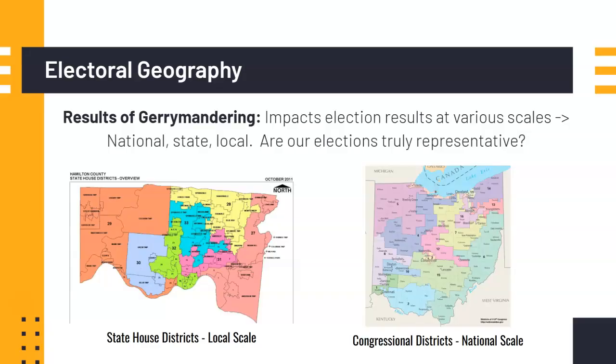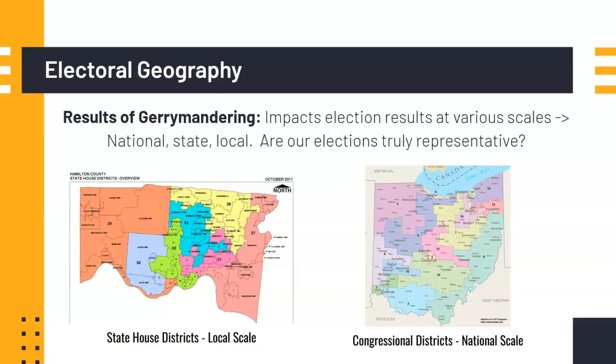At the state level, gerrymandering can influence not just congressional elections, but also state legislative races. States where one party controls both the governorship and the legislature can use gerrymandering to strengthen their position, making it harder for opposing parties to win future elections. This manipulation can shape state policies and priorities, potentially leaving the views of the electorate underrepresented in government decisions.